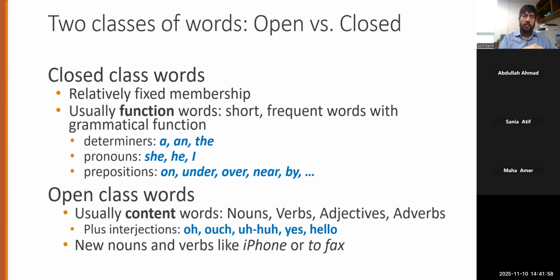So नए words आते रहते हैं dictionary में. So top new words that were added in that year are usually voted upon and then declared as winner for that year. ठीक है, तो इस तरह के नए words आते रहते हैं. Verbs में भी आएंगे, nouns में भी आएंगे. Interjections of course is obviously cultural, it will change with time and so on.